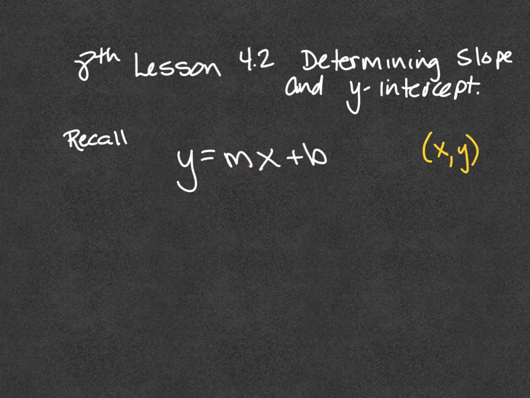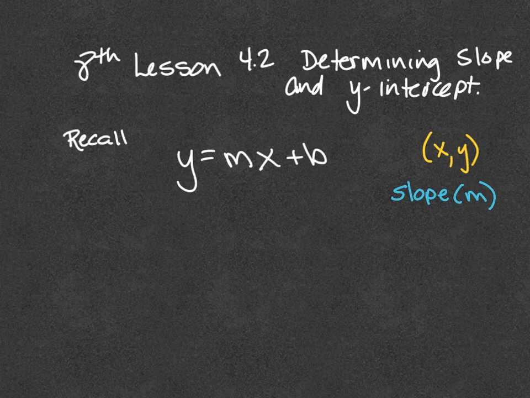This m always represents the slope. I always refer to it as slope m, just to help my brain memorize that that m is standing for the slope. Recall that a slope is the rise over run on a line.